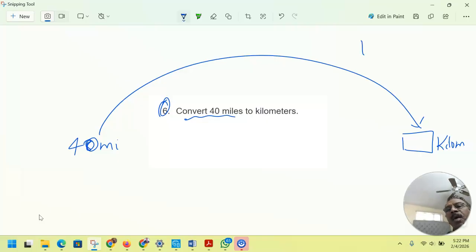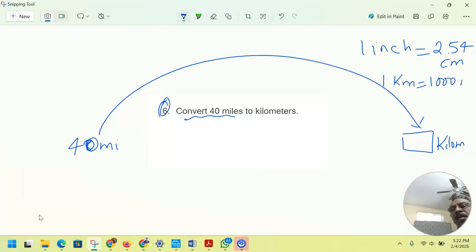You need to know these known ones: 1 inch is 2.54 centimeters. You also know that 1 kilometer is 1,000 meters, and 1 meter is 100 centimeters. And 1 mile is 5280 feet.